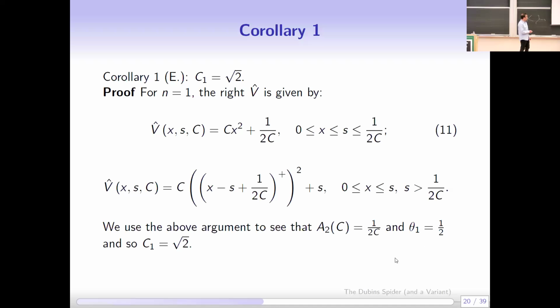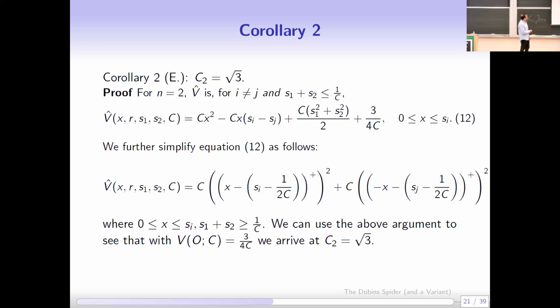You get theta 1 is 1/2 and c1 is root 2. And the second corollary is that you can do the same thing with n equals 2. You can simplify this equation as follows with these constraints. And again, just straightforward arithmetic, you arrive at the spider constant.